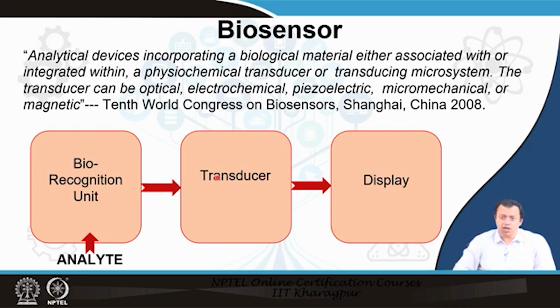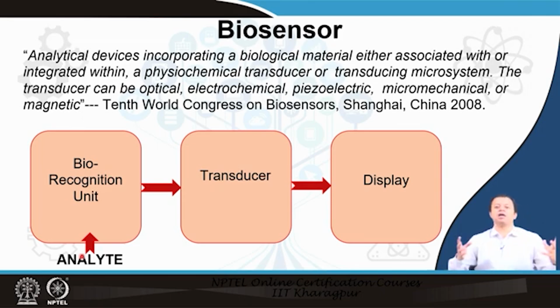Now, here comes the crux of the material. The crux of the point is that the transducer has to have a very particular and very specific response, meaning its property will modify to a particular unit. The change in refractive index, change in conductivity, change in mechanical vibration will have a specific value with a specific analyte only.